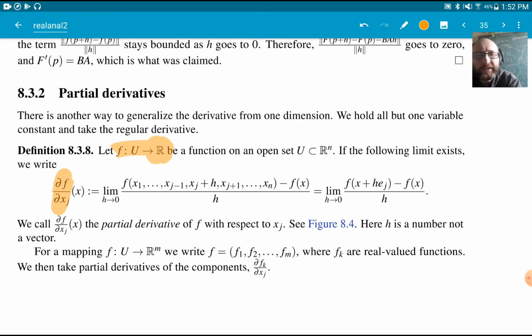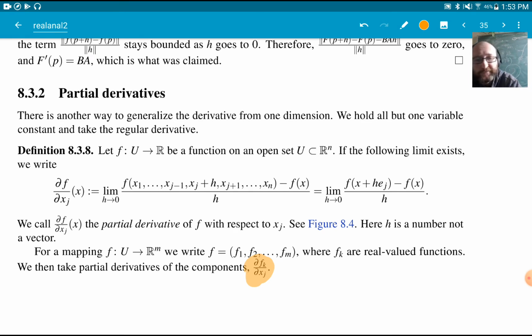So now we're just talking about a real valued function. Now, if we have a mapping from Rn to Rm, that means there are m components, so we can write this f as m functions into R. Then you just take partial derivatives of those.